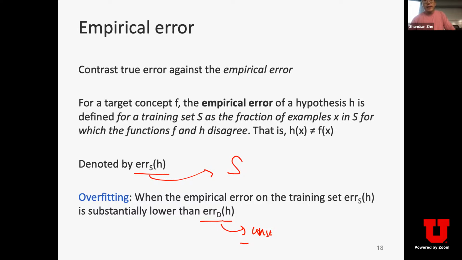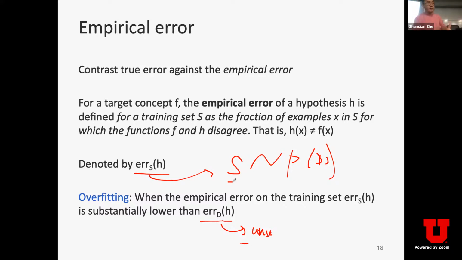That means every instance in S comes from the data distribution, so S itself is a random variable. So error_S(h) itself is a random variable because it depends on the training set.